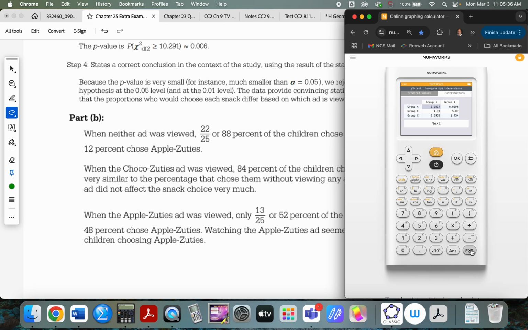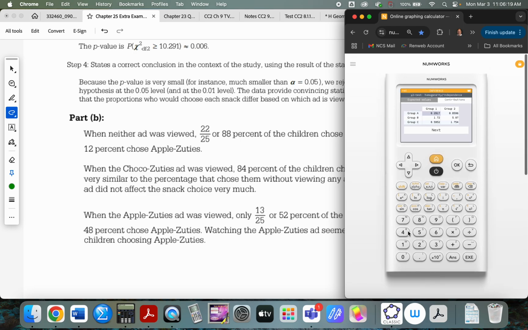Unfortunately, the contribution doesn't tell you a whole lot, except that the biggest contributions were in Group B, which is the one that watched the Apple Zooties ad. But to tell whether the Apple Zooties ad helped or not, the contribution doesn't tell you, because it doesn't tell you if the expected is higher than the actual, or whether what actually happened is more or less than the expected. Because it's always going to be positive, right? Right. So I probably wouldn't have done it this way.